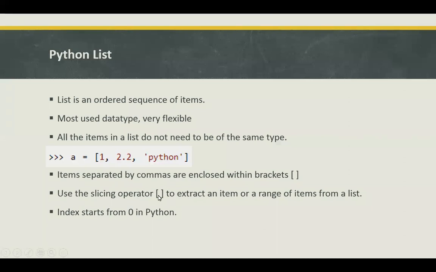By A of 1, you can extract this element from the list. It is very simple. Indexing starts from 0 in Python. So if you want to access item number 1, this one is item number 1, this one is item number 2, and this one is number 0.